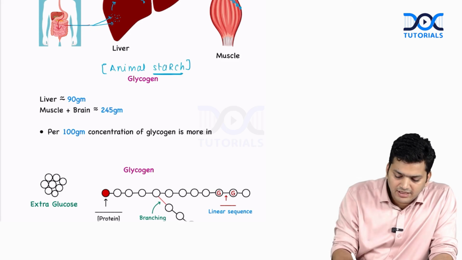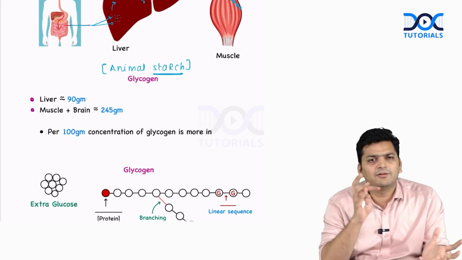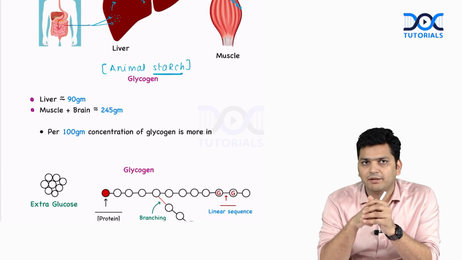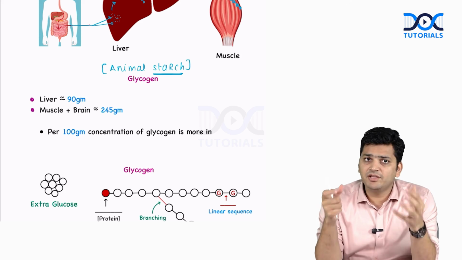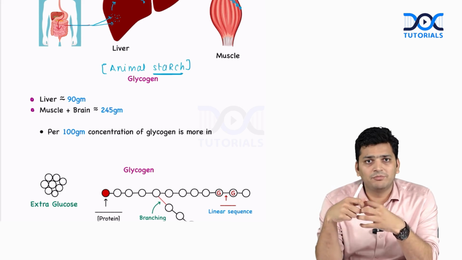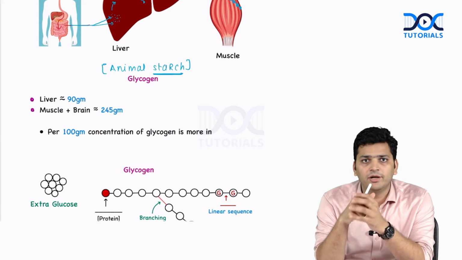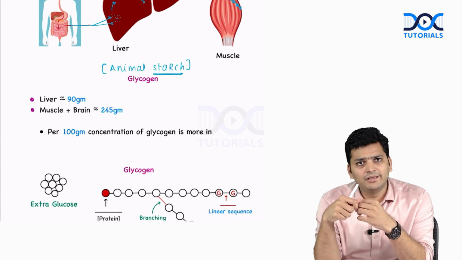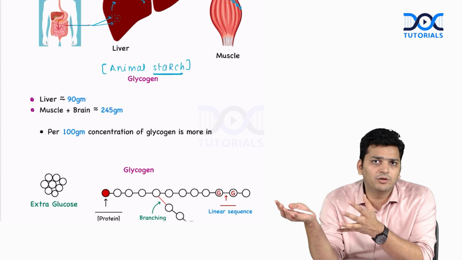In the liver, we have around 90 gram of glycogen, and in the muscle and the brain cumulatively, we have somewhere around 250 grams. So if they ask, per 100 gram, where do we have more glycogen, means if I take 100 gram of liver and 100 gram of muscle, where are you going to get more glycogen? Obviously in the liver, because the liver mass is just 1 to 1.5 kilogram.